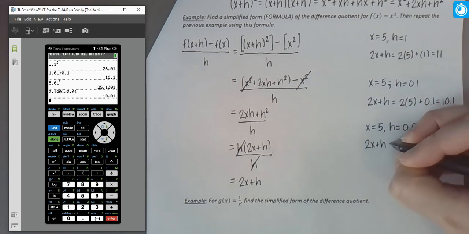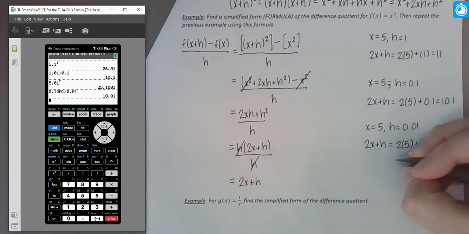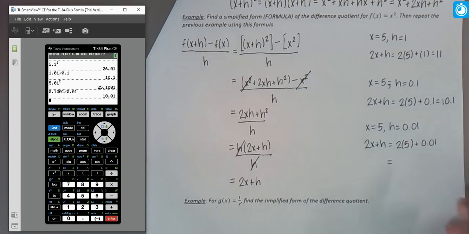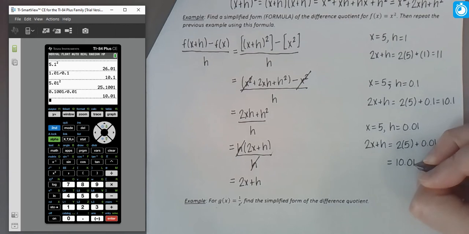So we have 2x plus h, so in this case, again, still 2 times 5, but now we're adding on a smaller h. So 2 times 5 is going to give us 10. So 10 plus 0.01 is 10.01, which again, same value as what we got before.